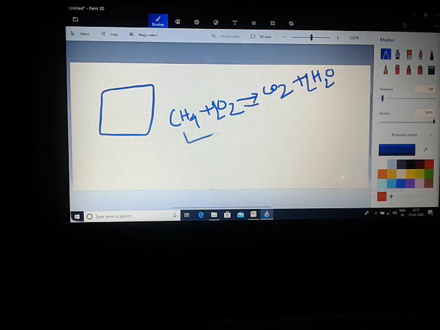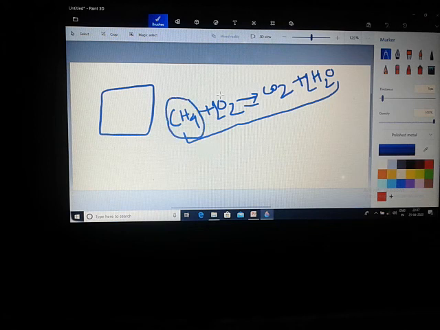That means whenever we are performing a chemical reaction, reactants are needed. When these reactants react with another reagent, or substrate, they form the products. So here the reactants are methane and oxygen, and the products are carbon dioxide along with water.